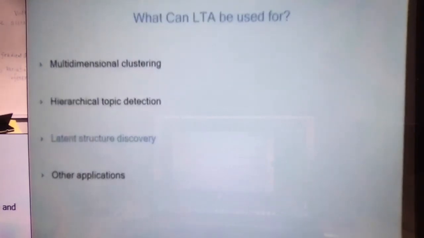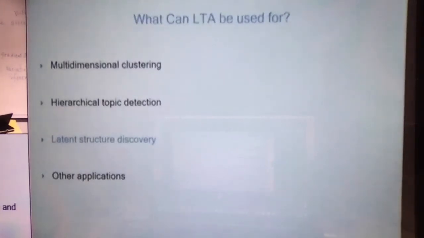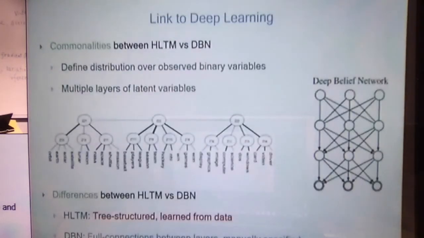We have already said that you can find interesting latent structures using latent tree analysis. But next, I'm going to point out some additional links. The first one is the link to deep learning. Our model is called a hierarchical latent tree model, and this is a deep neural network.